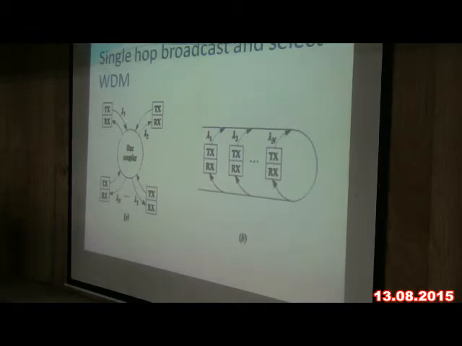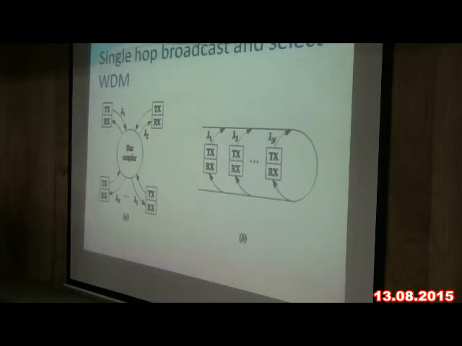Why are we calling this a broadcast and select network? Node 1 transmits signals, node 2 transmits signals, node 3. All the signals are in the star coupler and then all the signals are transmitted to each and every node. Each node has a tunable filter.